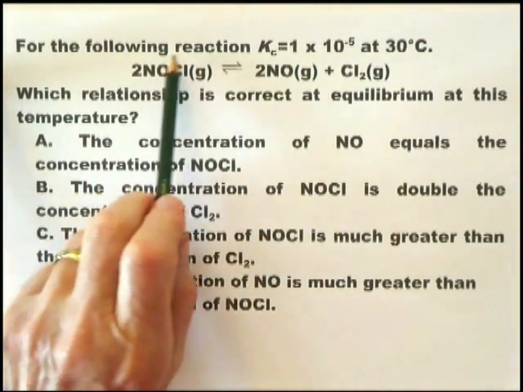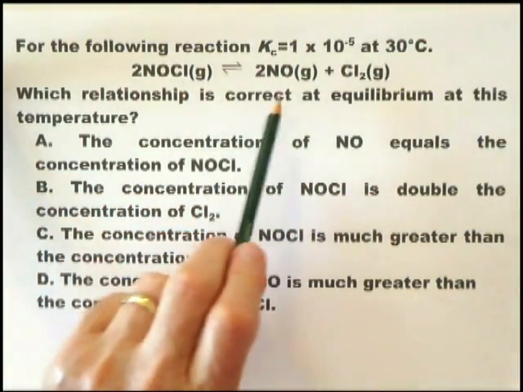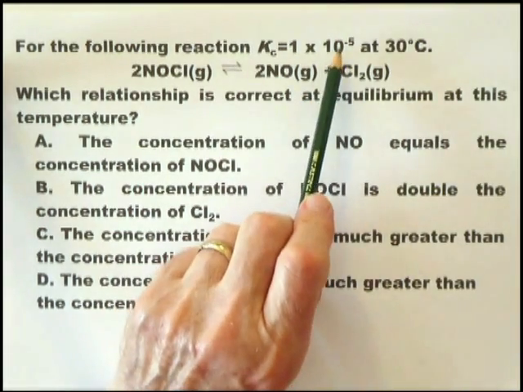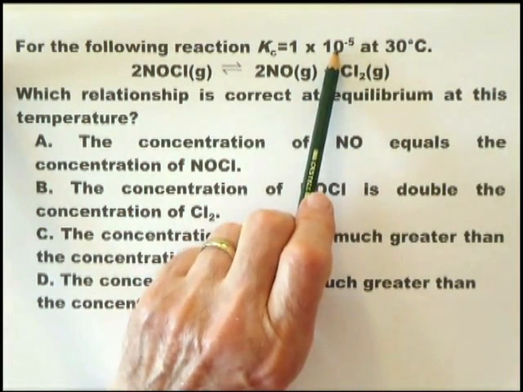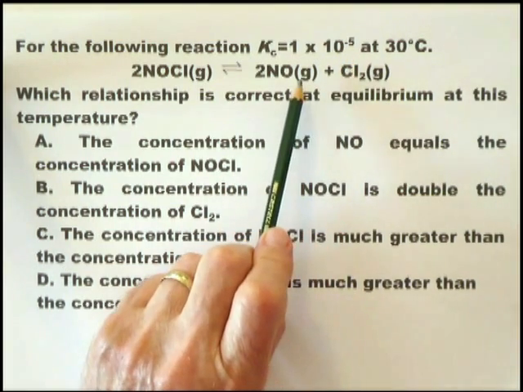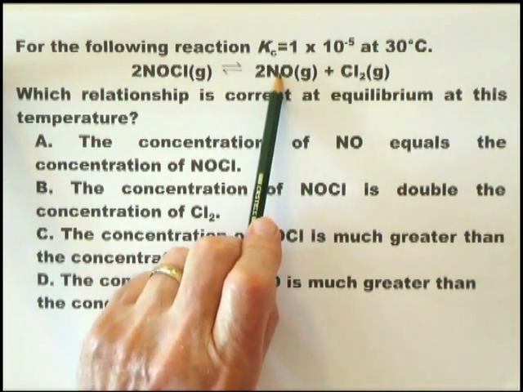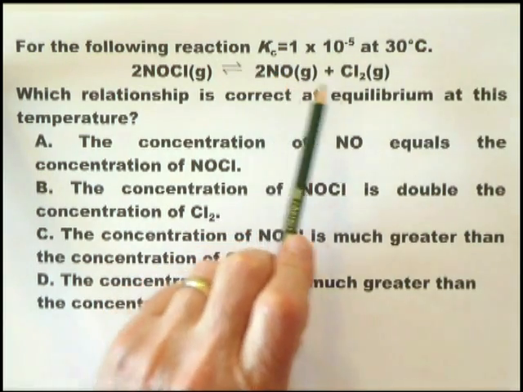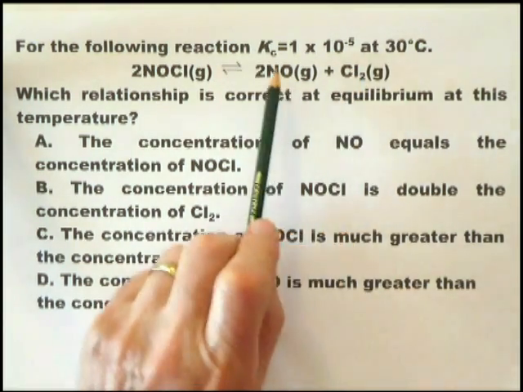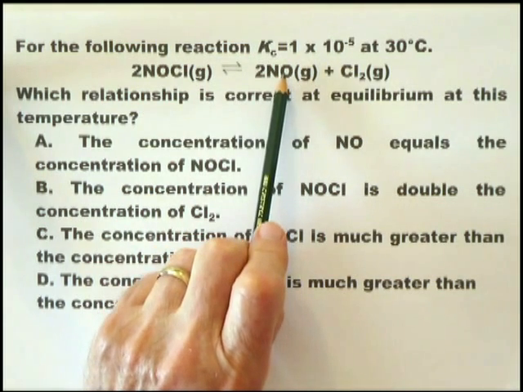When I read this information and this equation and I see this 10 to the minus 5 for Kc, I know this means that there are very small quantities of NO and chlorine. This is a reaction that generally for chemists doesn't go.